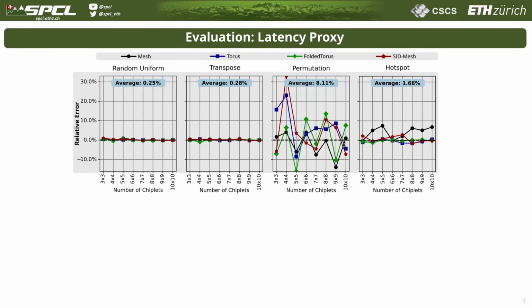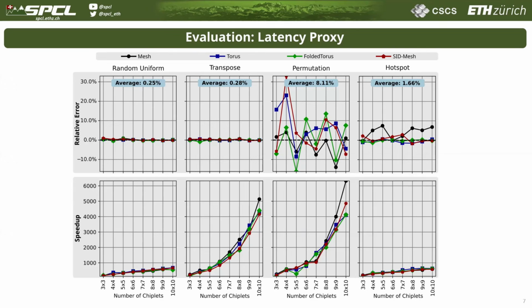But let's also have a look at the speedup. So here we see how much faster we are compared to flit-level simulations in BookSim. And here you can see that the speedup is between 400 and over 1000. So we actually can save a lot of time in this design space exploration, while at least for most traffic types still being pretty accurate.